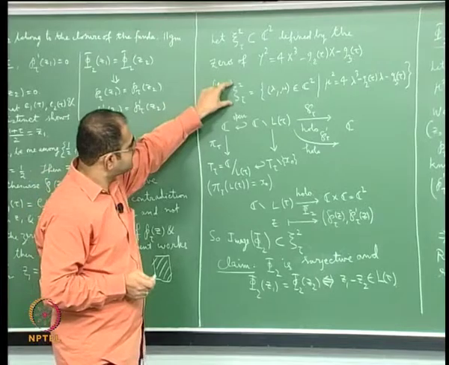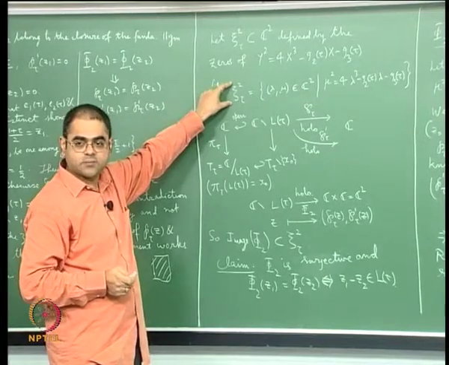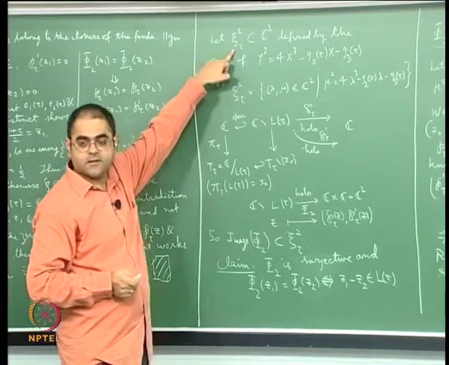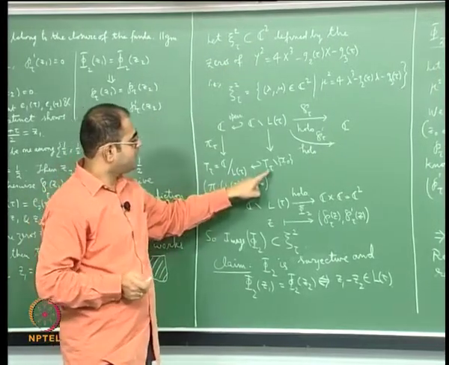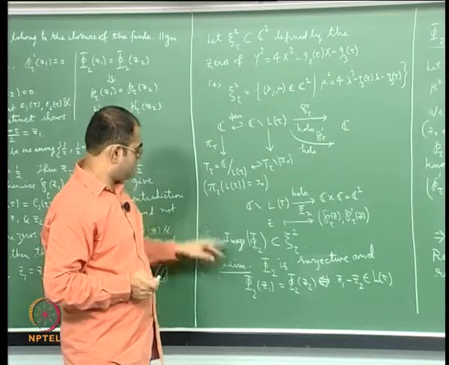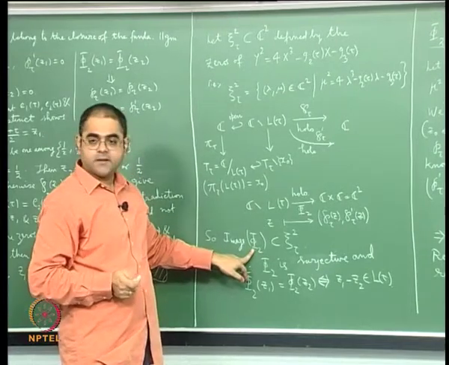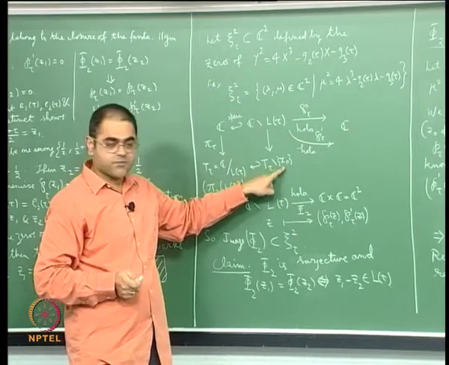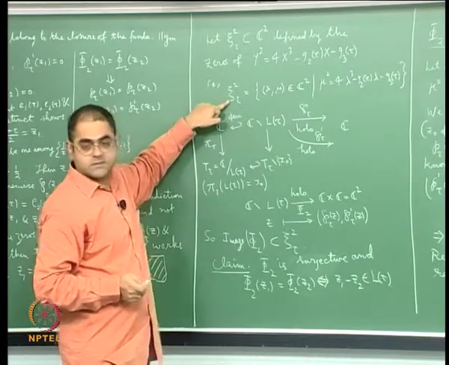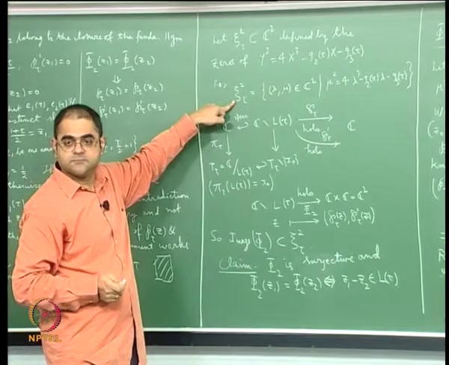But if you just consider this as a closed topological subspace of C2, then what you get is that phi sub 2 induces a homeomorphism of the torus minus this point onto this subset.